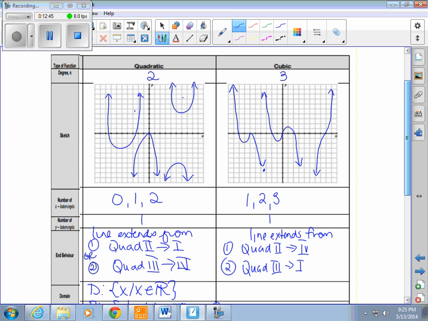So even though this graph here looks like it's in quadrant 4, as it continued going down, it would be in quadrant 3. So that's why we say it goes from quadrant 3 to quadrant 1.